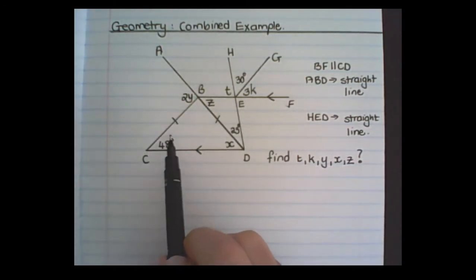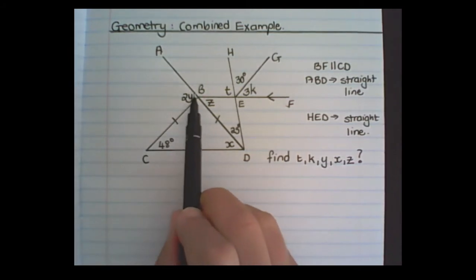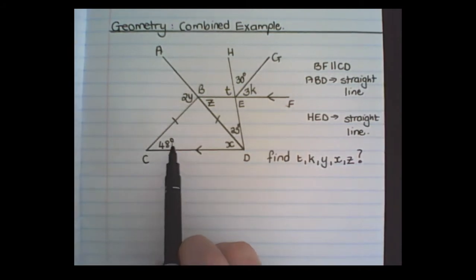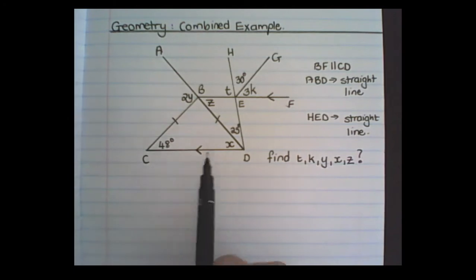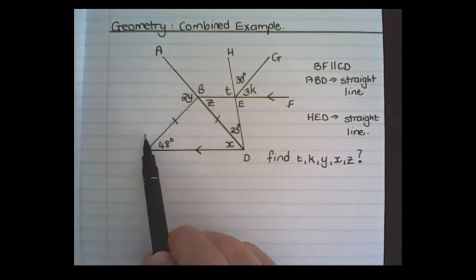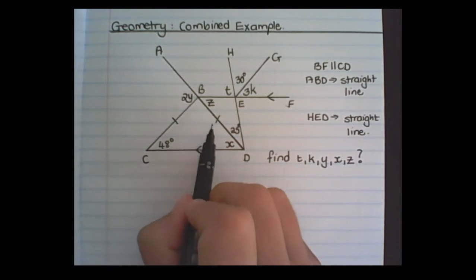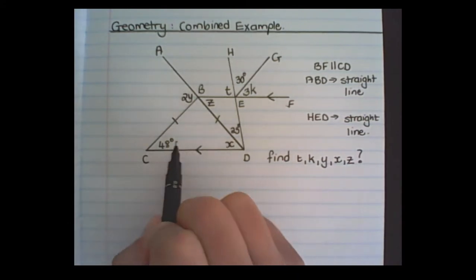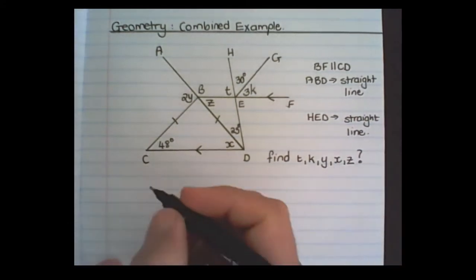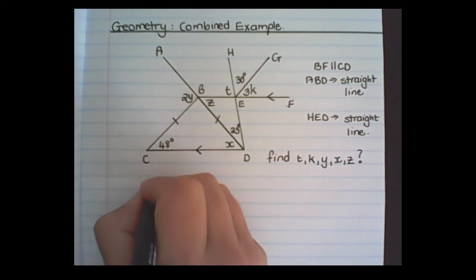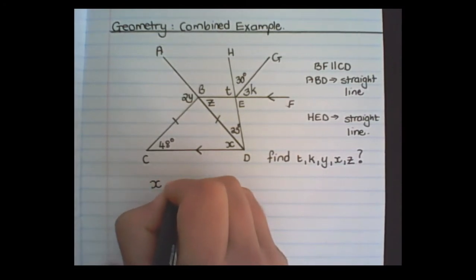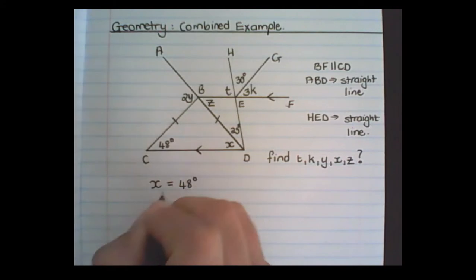So let us see. We have BC equal to BD, and we have a 48 degrees there, and we have an X there, just by looking at this triangle. Now, before I even go on, I see I can solve X. So let me write it down. X is equal to 48 degrees.